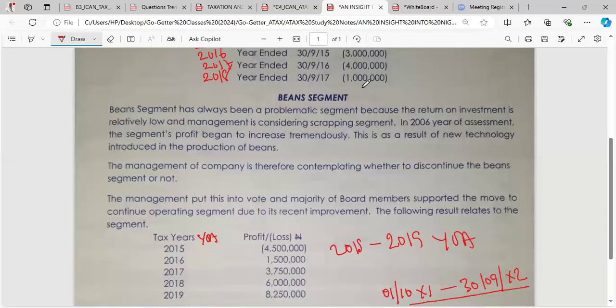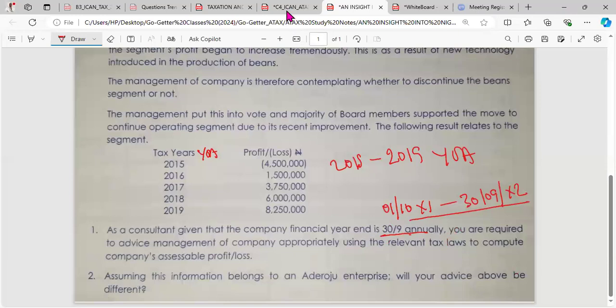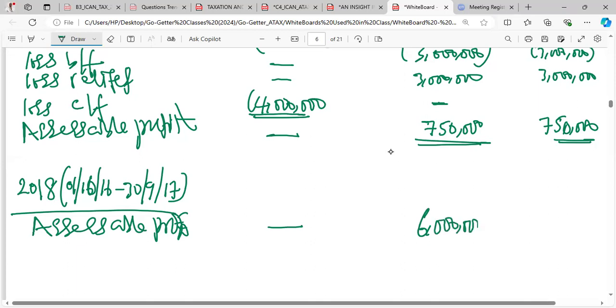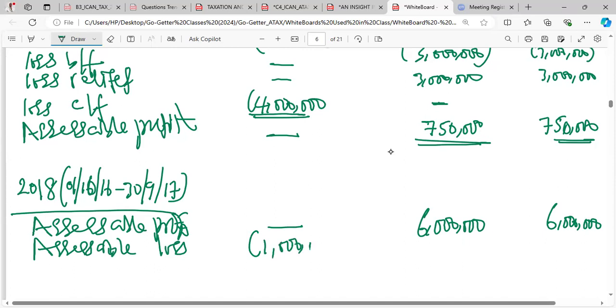Rice also made a loss, 1 million, 6 million profit. Accessible profit, beans, rice, beans is 6 million. For the group is 6 million. Accessible loss, rice made 1 million loss.